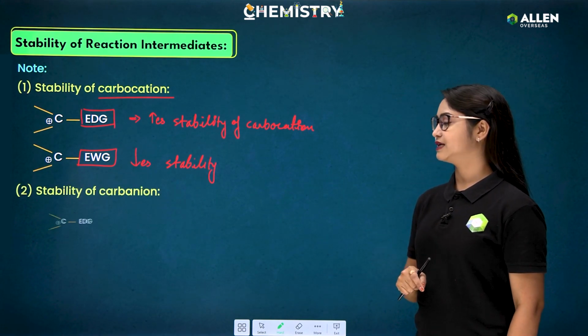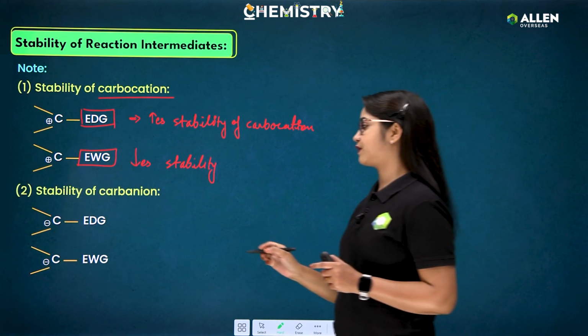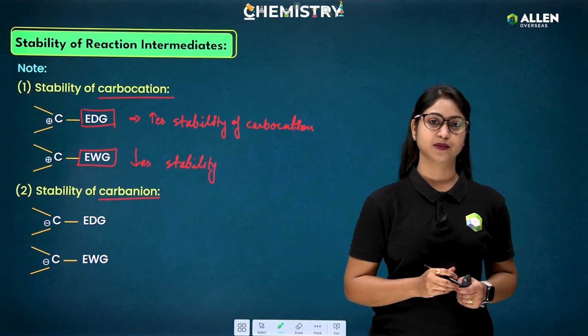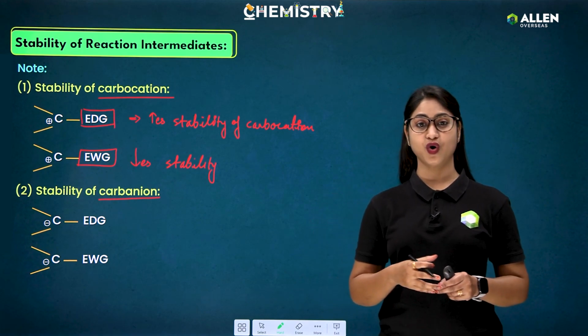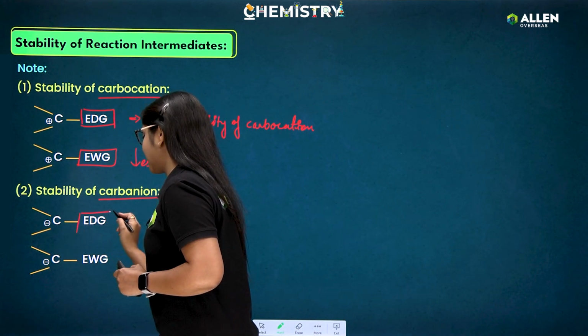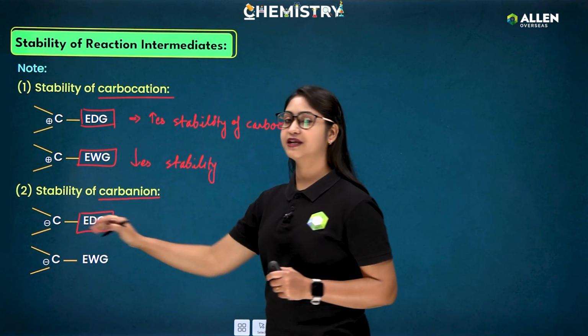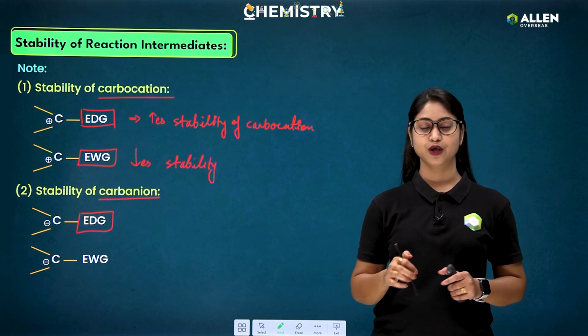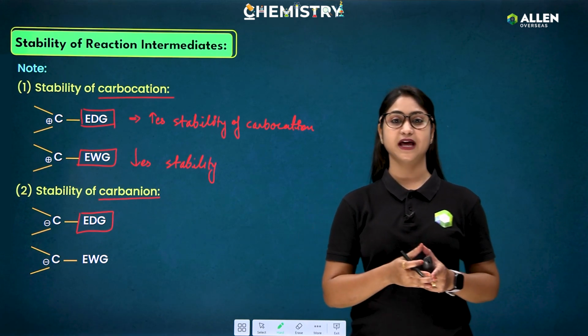And if we talk about the stability of carbanion, negative charge on carbon, carbanions are electron rich already. So electron donating groups increase the electron density on carbanions, making them less stable, because this carbanion is already electron rich.